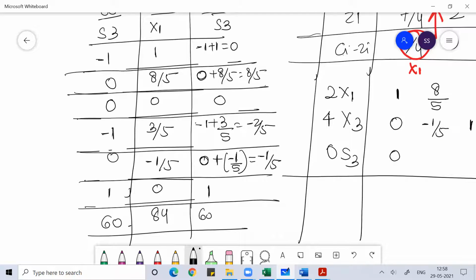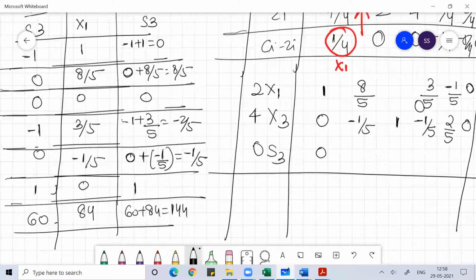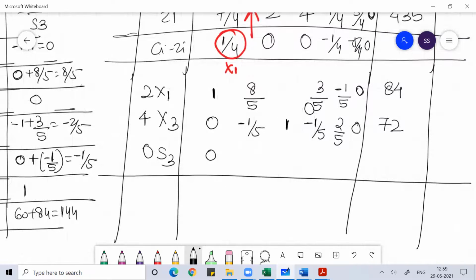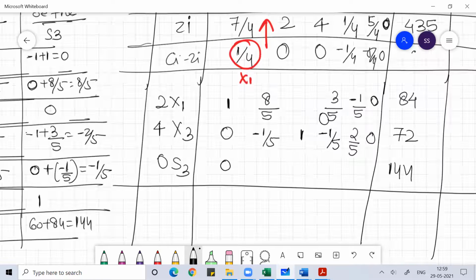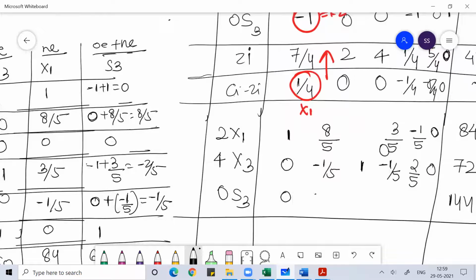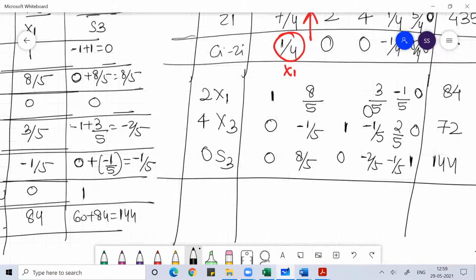Then this is 0, 84. This is 144. This is 0, 0, 8 by 5, 0, minus 2 by 5, minus 1 by 5, then 1.